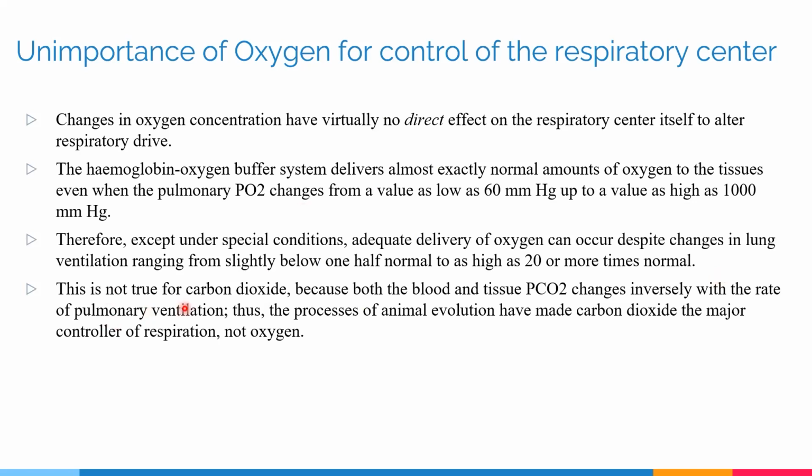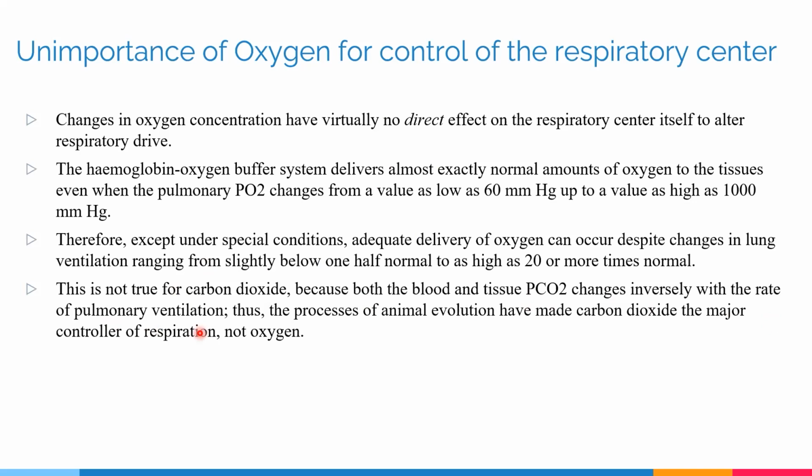This is not true for carbon dioxide, because both blood and tissue partial pressure of carbon dioxide change inversely with the rate of pulmonary ventilation. That is, the concentration of carbon dioxide is not so actively maintained, but the higher the rate of alveolar ventilation, the more carbon dioxide is pushed off or expired out of the lungs.